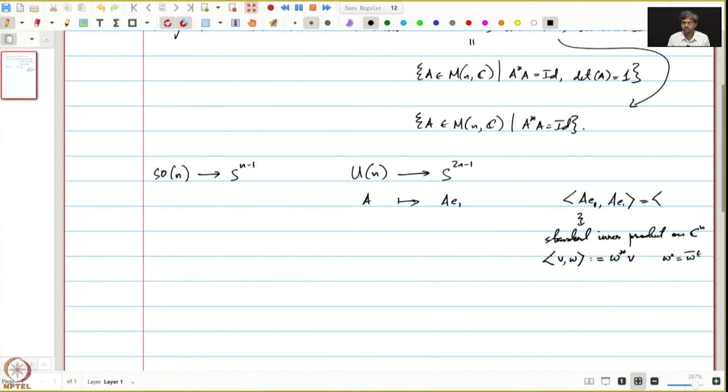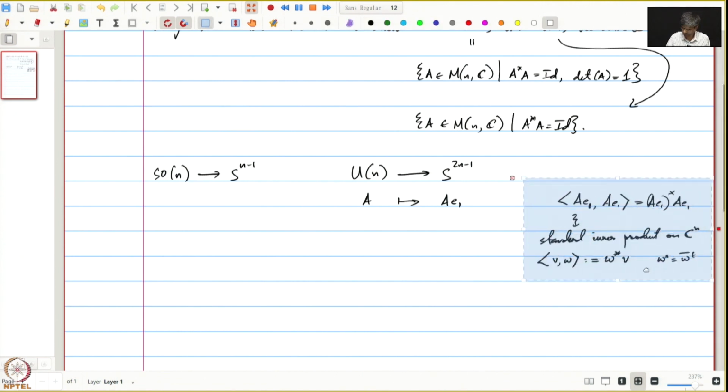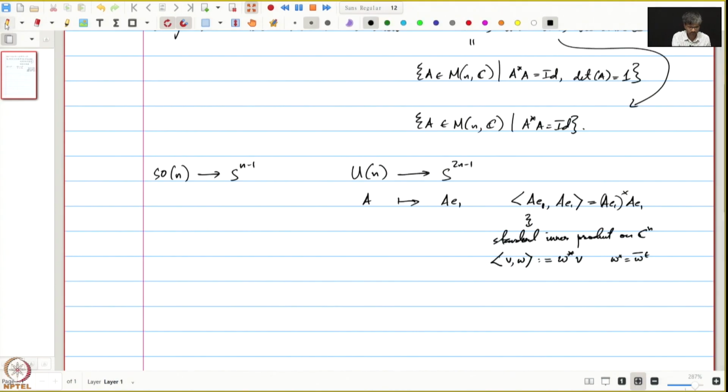So we have a column vector and we take its transpose and conjugate all the entries. With this definition, this inner product becomes AE1 star AE1, which is equal to E1 star A star AE1, and since A star A is equal to identity, because A is in U(n), this is E1 star E1, which is equal to 1, right?